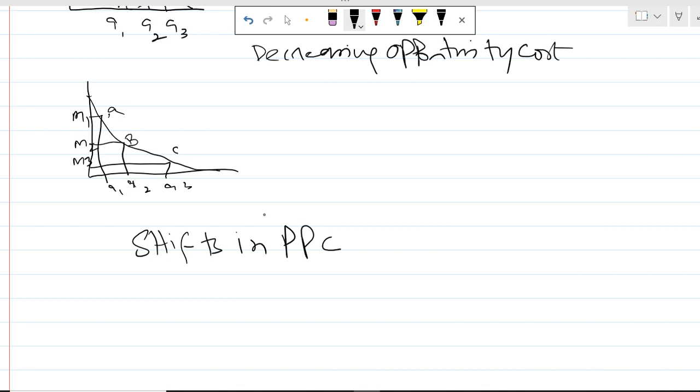What are the reasons behind a change in the PPC curve? The first scenario is, we say that this is the normal one, and when we go for the outward shift, we see that X and X1, and here we see that Y and Y1.